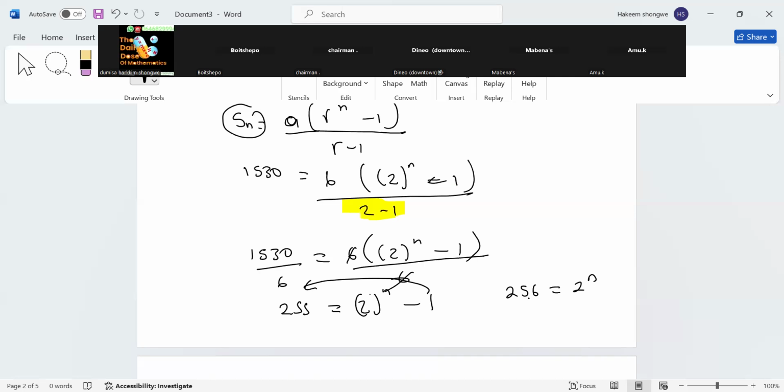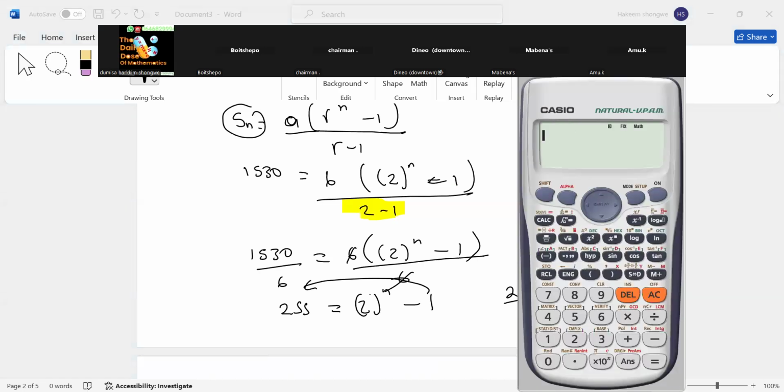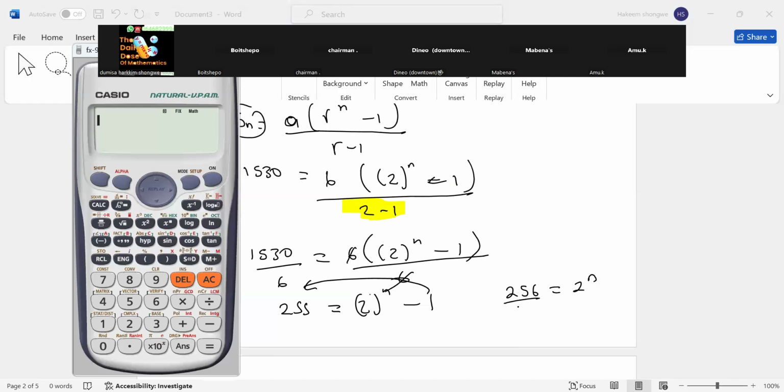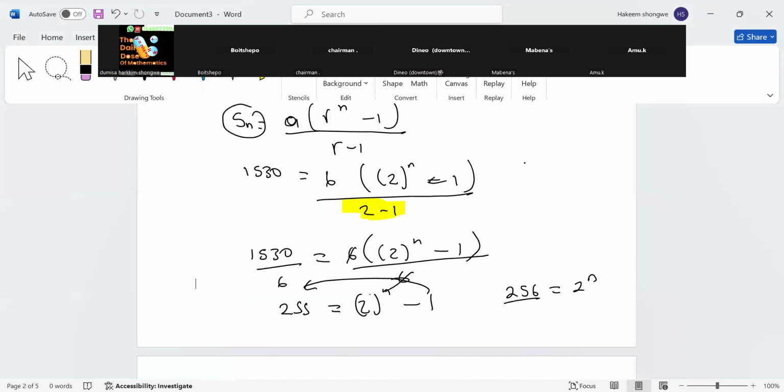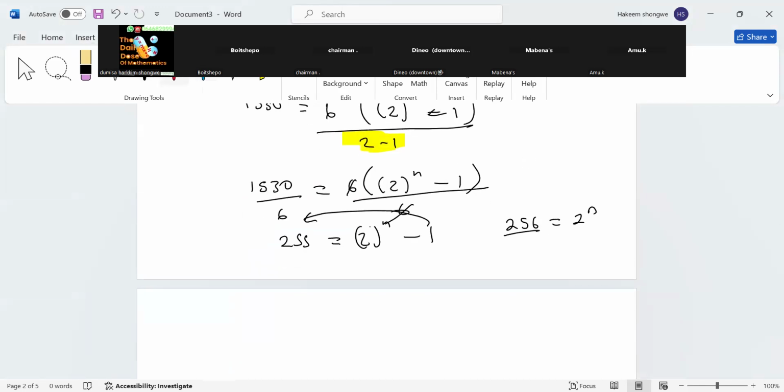Just because of the exponent, which is a variable, we can introduce log. We're in grade 12 now, we know something about log. So here we introduce a log: n equals log of 256 to base 2.